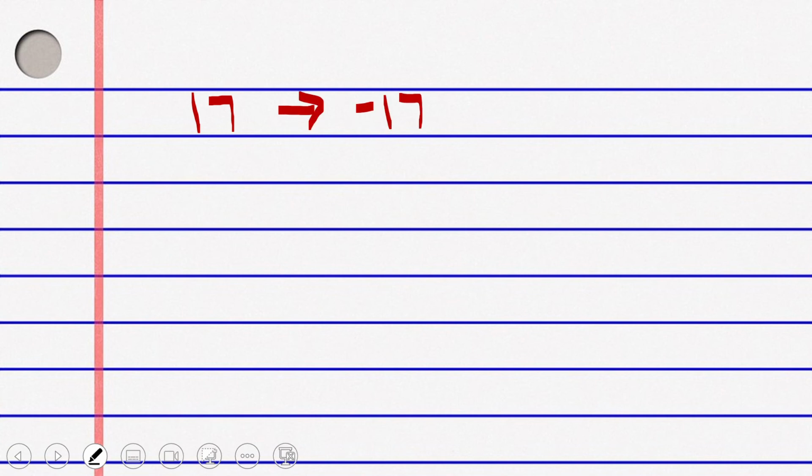This is a goes to arrow. It's not equal. So it's a math notation that tells us we're answering our question based on the purpose of our problem. 17 would go to negative 17 for the additive inverse. What is the additive inverse of negative 14? That would go to 14. Remember, inverse is a fancy name for the opposite.